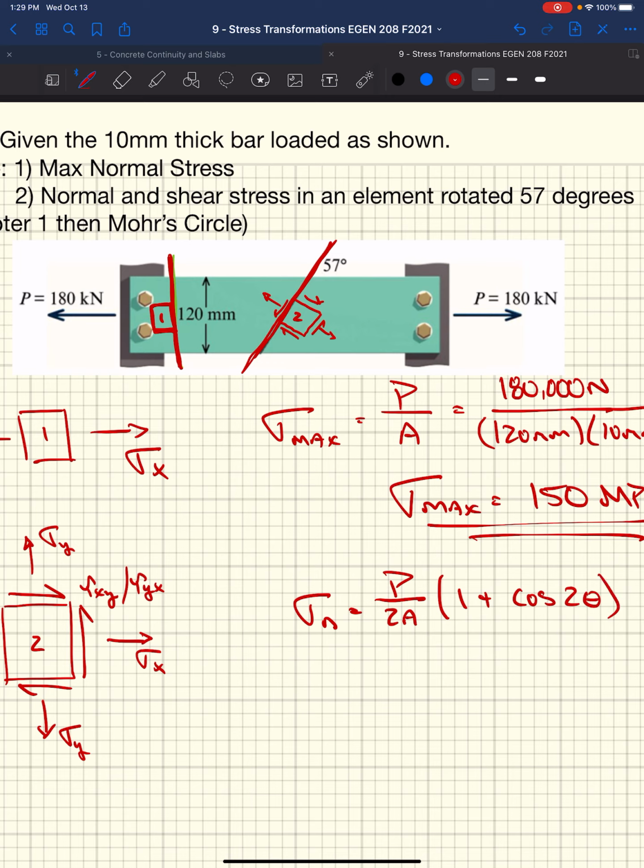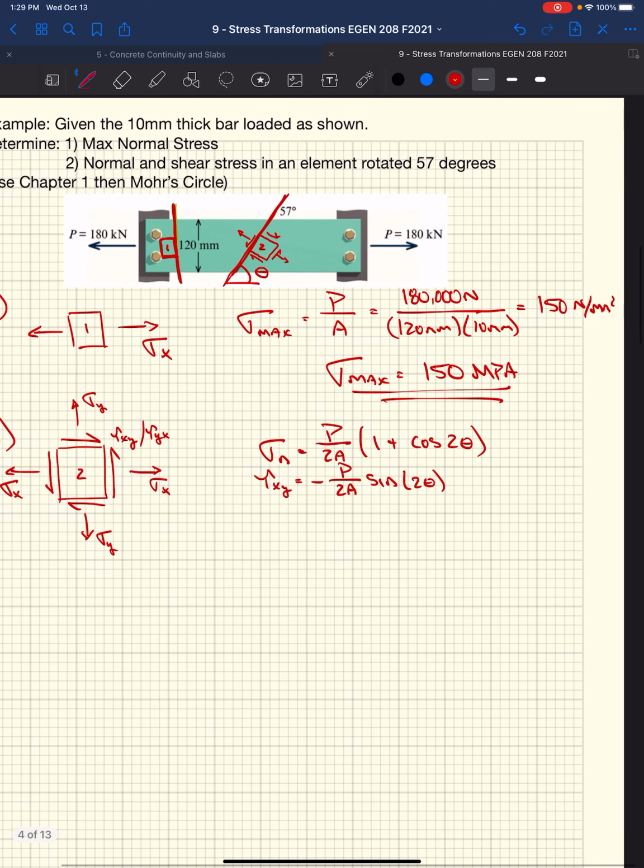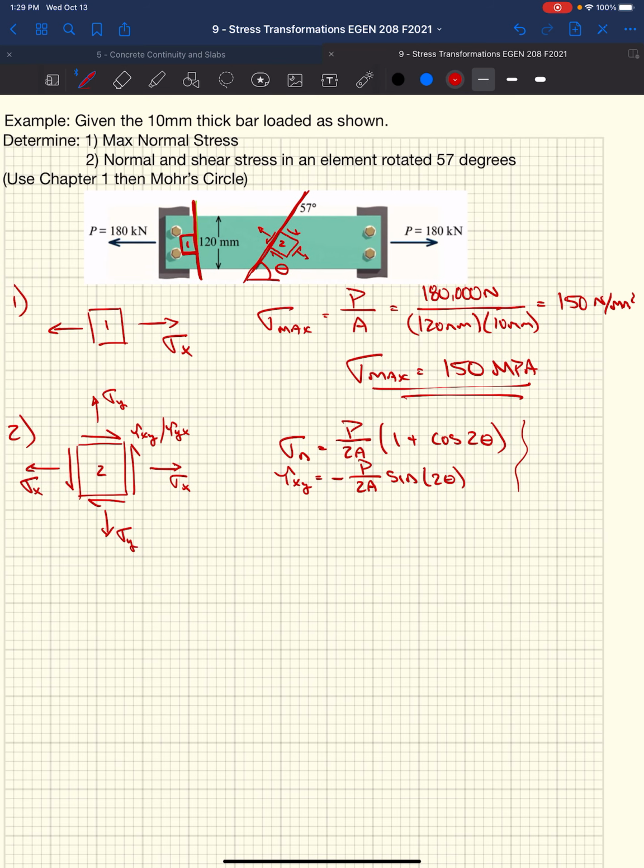And then we had one equation that said that the shear stress, tau xy or tau yx, is negative P over 2A times the sine of 2 theta, where this angle is theta, the orientation of that line. So this all came from chapter 1.